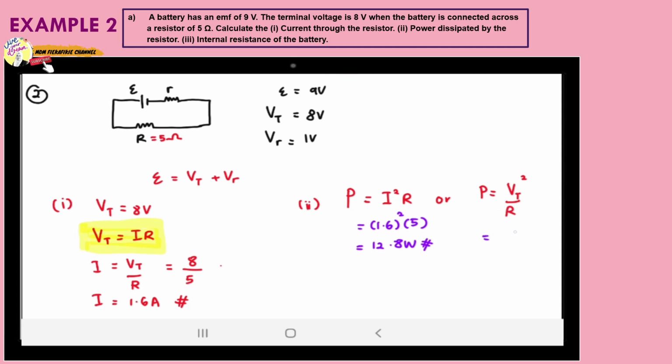How about this one? P is equal to V terminal, so 8 squared over 5.